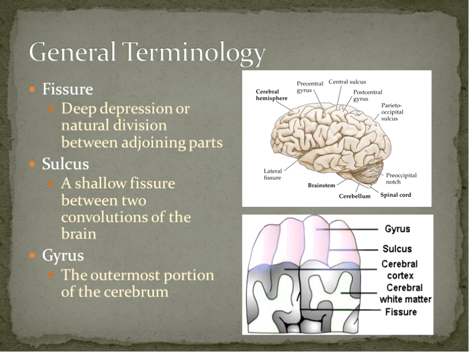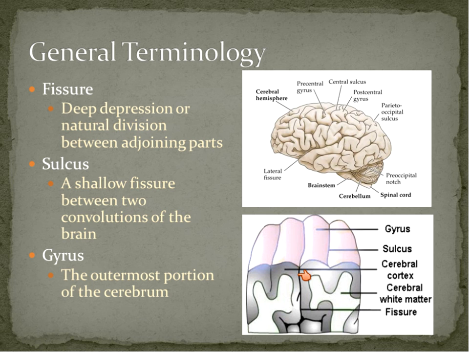There are some general terms that we will use. These terms are mostly found for this class when we talk about the nervous system. A fissure is a deep impression. So this would be a fissure here, a fissure of the cortex.